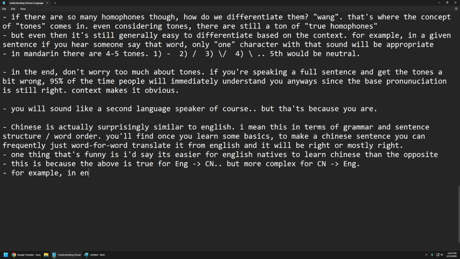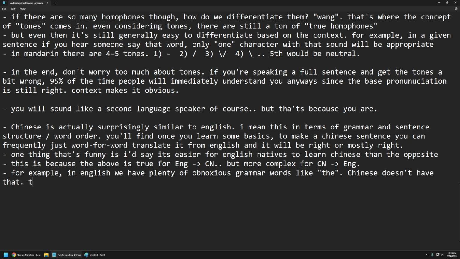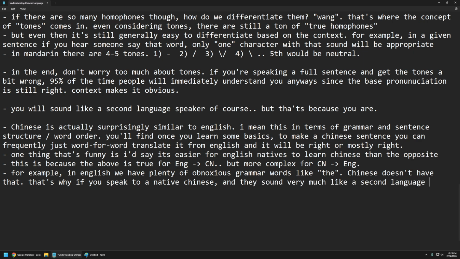For example, in English, we have plenty of obnoxious grammar words like "the." Chinese doesn't have that. That's why if you speak to a native Chinese speaker and they sound very much like a second language speaker in English, it's because they aren't using enough "the" or other words like that.